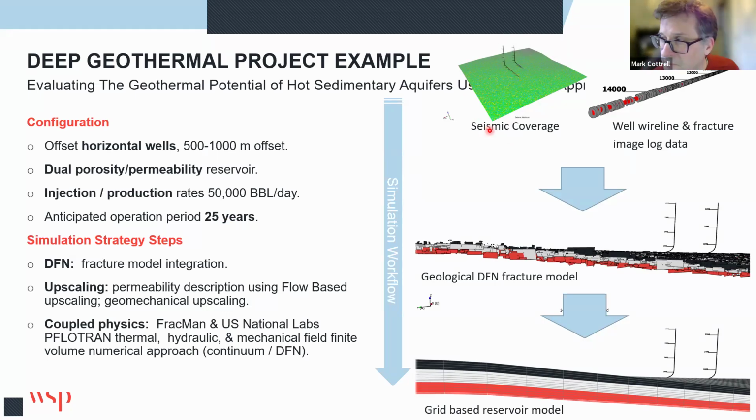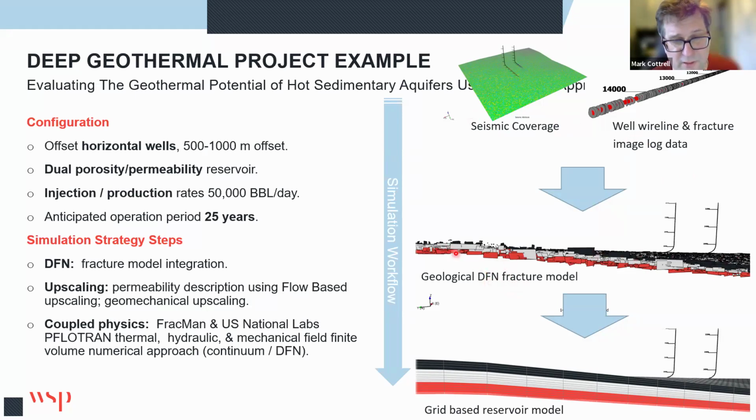We also have online resources for, well, what is the thermal gradient of the location? And we can use all of that information to take the well data and to build this DFN model of the subsurface.